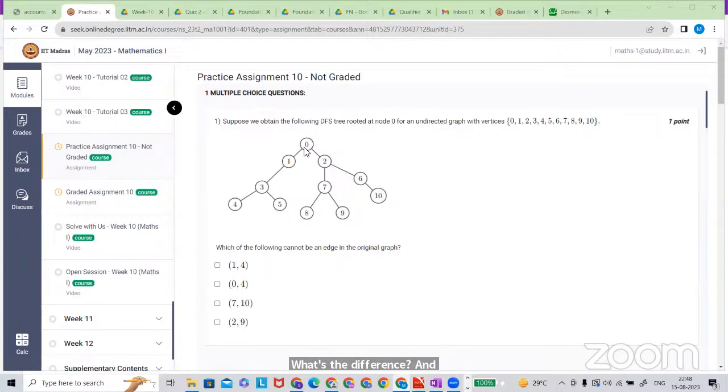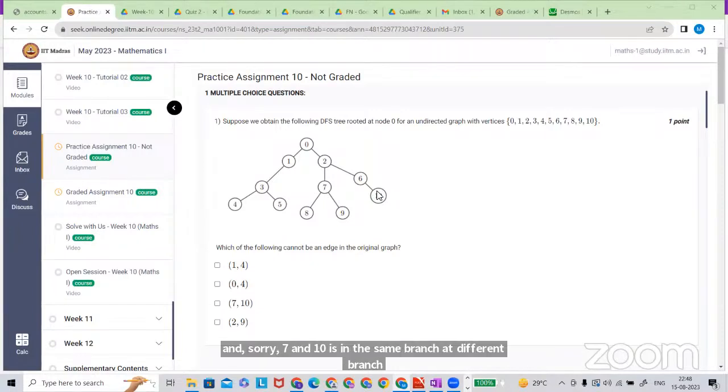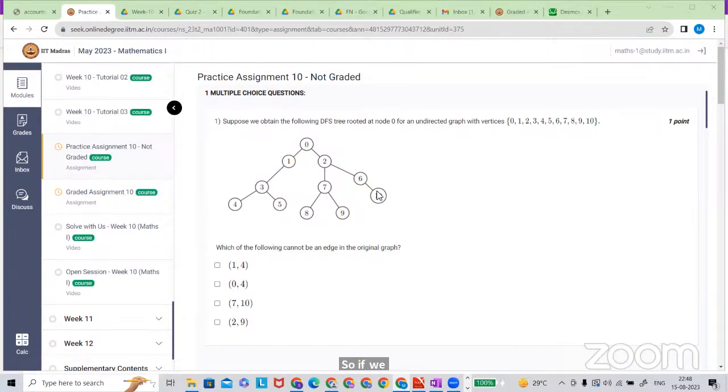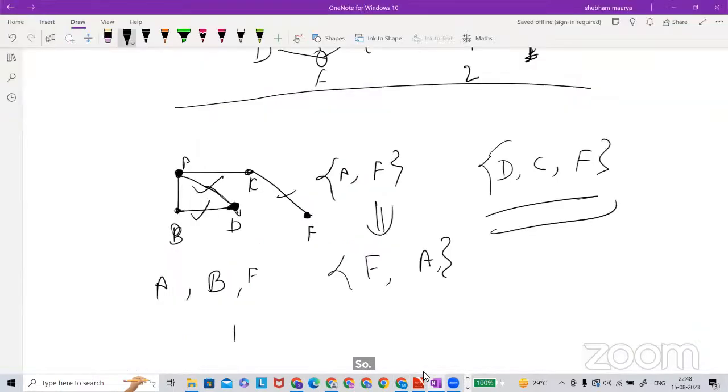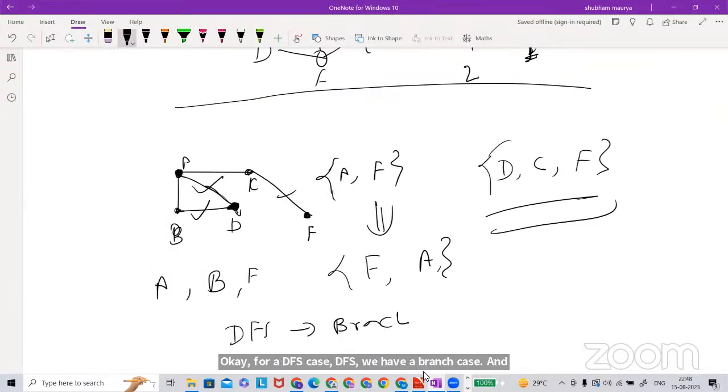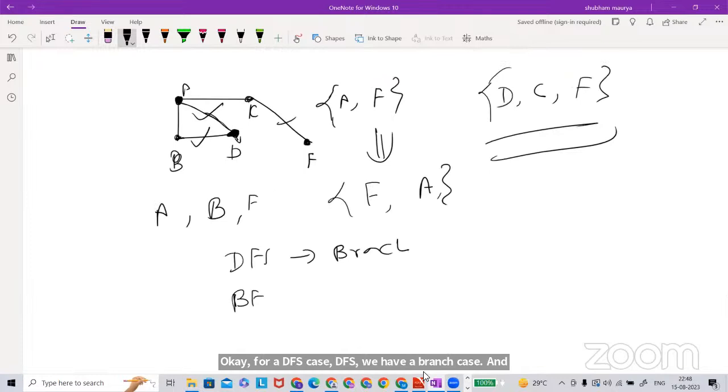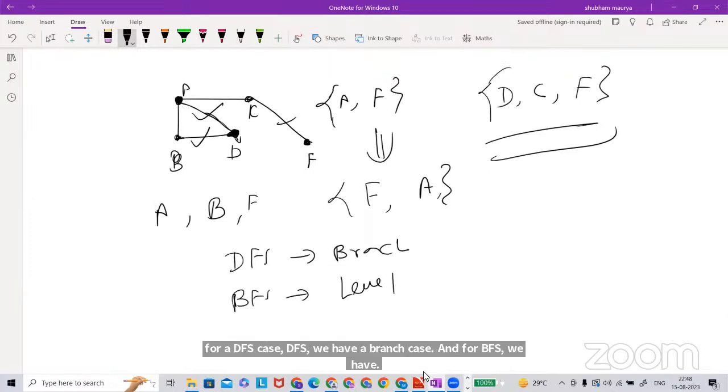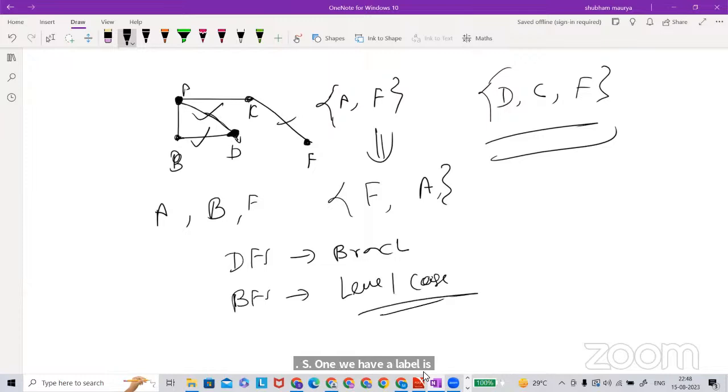Can you tell me, are 0 and 10 in the same branch or a different branch? Same branch. Are 7 and 10 in the same branch or a different branch? Different ones. So if there is a different branch for a DFS, it gives the branch case. For a DFS case we have a branch case, and for BFS we have a level case. Okay, sir. Now is it clear?